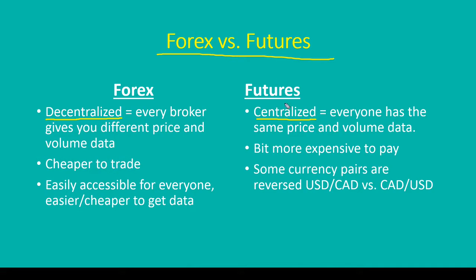What this means is that when a market is decentralized, every broker gives you different price and different volume data. The data is not centralized for everyone. With futures, on the other hand, it is a centralized market where everyone has the same price and volume data. So this is the main difference between those two.